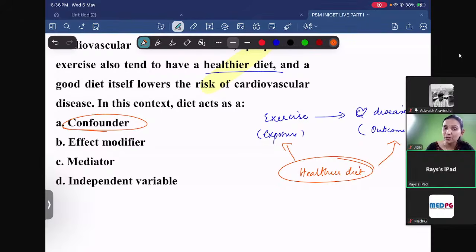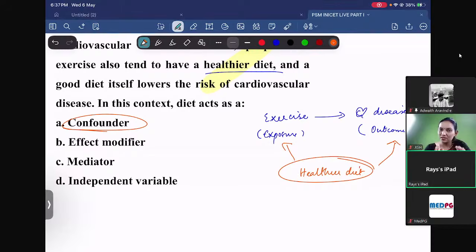Now we have something called an effect modifier. Effect modifier is kind of similar to your confounder, but it is not the same. They are not the same. Effect modifier also is a third, unwanted guest. It's the third variable that comes into play. But the effect modifier does not create a false association. It just modifies the already existing effect. That's why it's called the effect modifier.